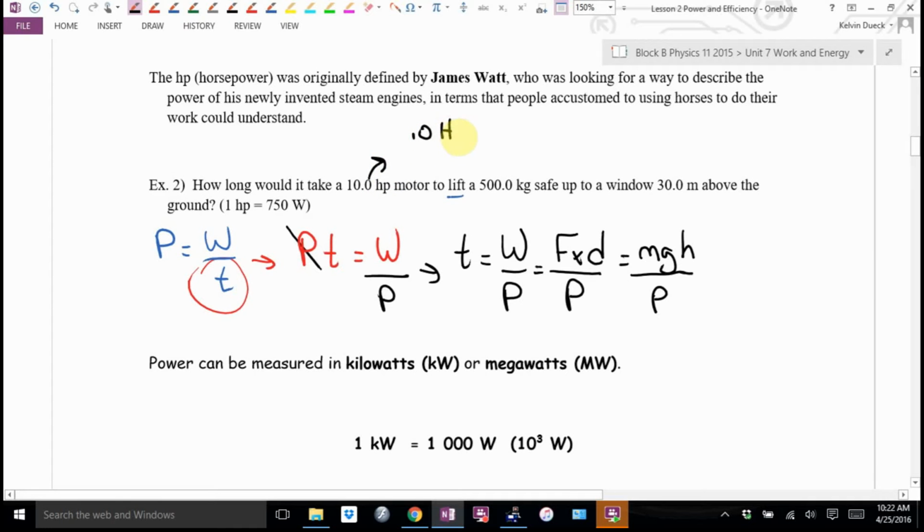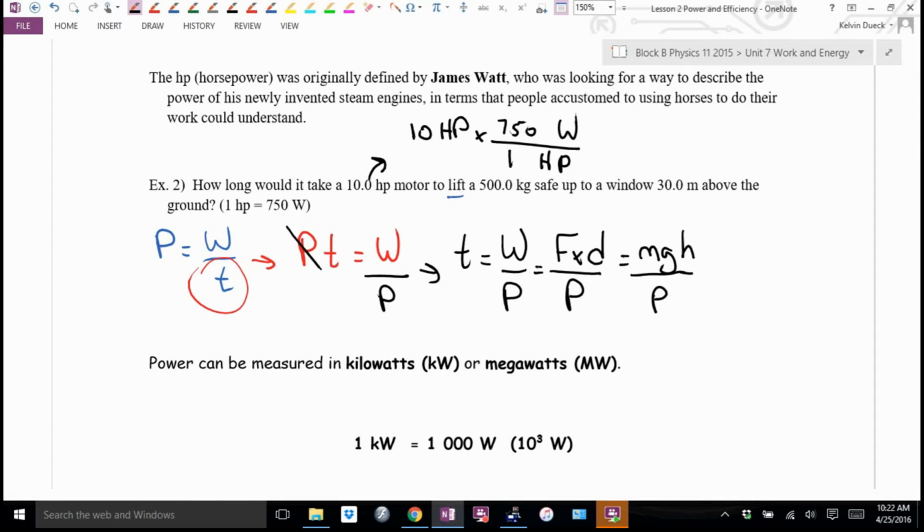10 horsepower. Where do I want horsepower in the next fraction if I want it to cancel? It's 700 and, oh, no, sorry. 1 horsepower is 750 watts. You know what? I think I can do that in my head.